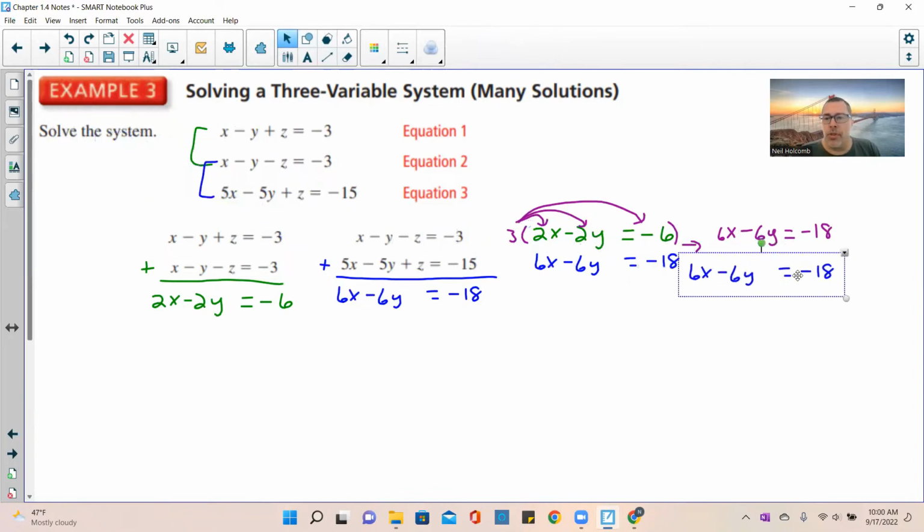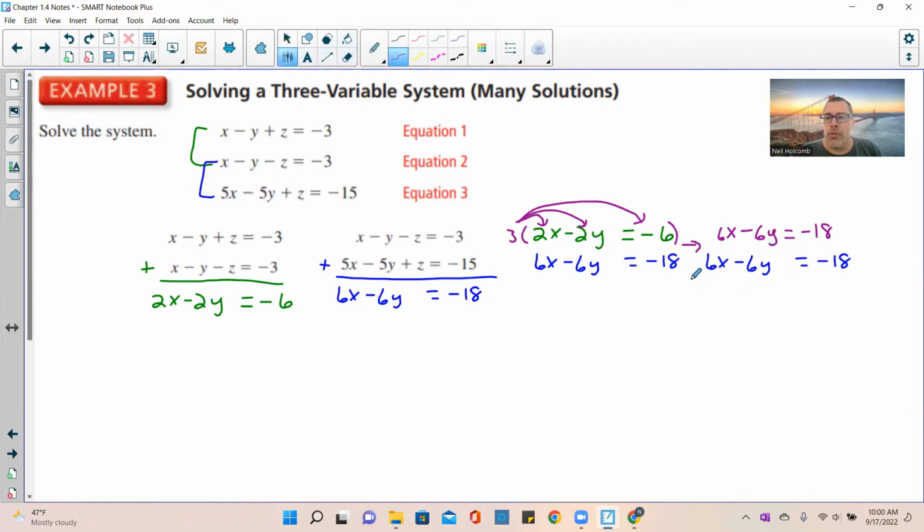That just comes over for the ride here, and we line them up and we solve. So I'm going to draw a line under here. If I add, I get 6x plus 6x equals 12x. Negative 6y plus a negative 6y is negative 12y.